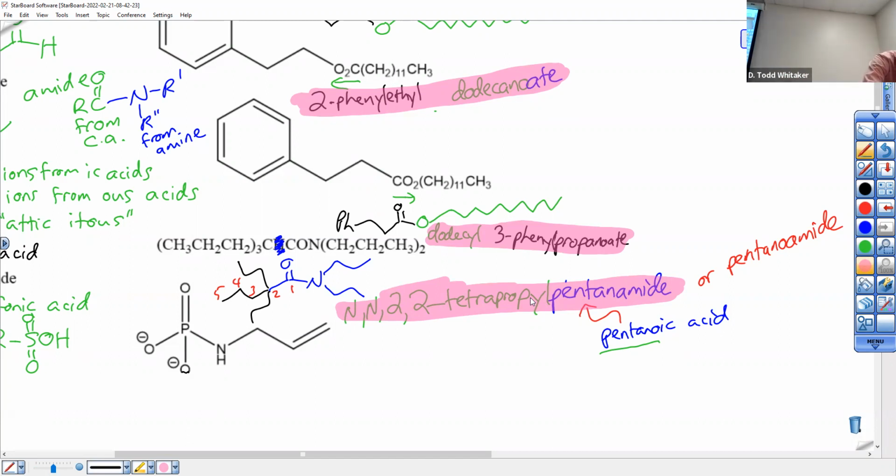And down here, oh, what is this? This came from phosphoric acid.